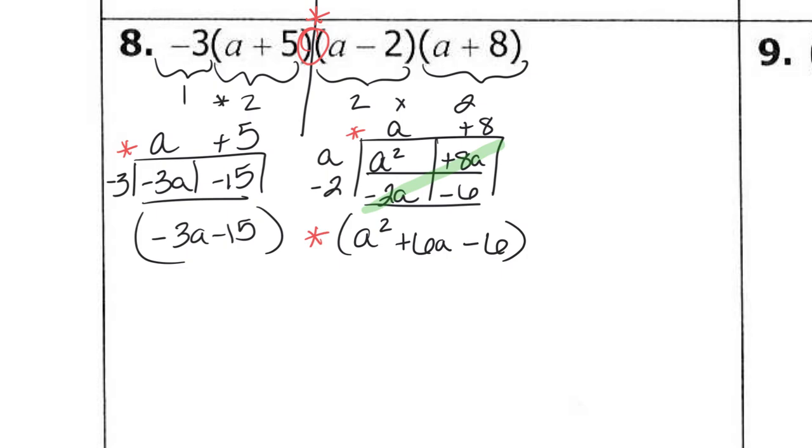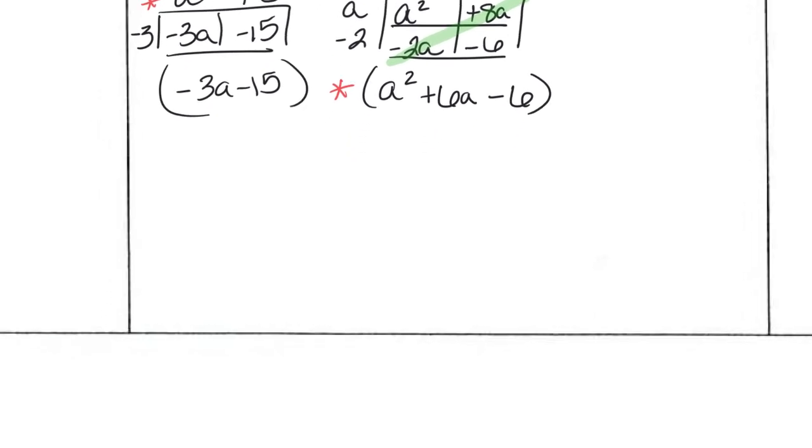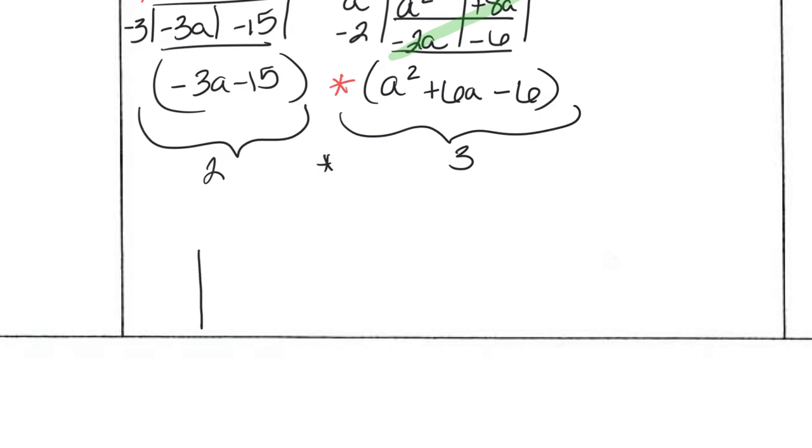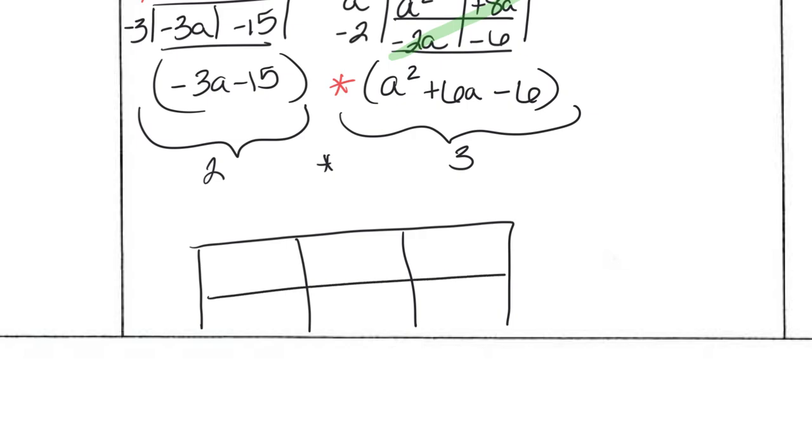Here's why I like the box method, because it doesn't matter how much you have to multiply, you just build a box. So this one had a product that was 2 terms and 3 terms. So I need to build a box that is 2 units tall and 3 units wide.